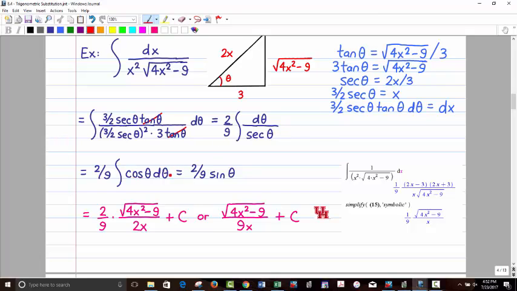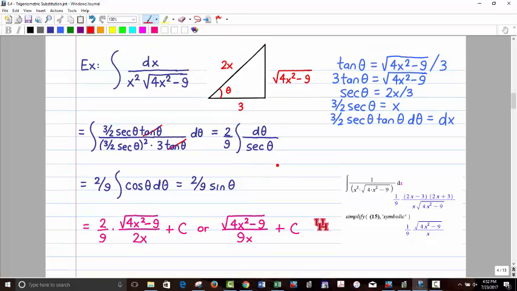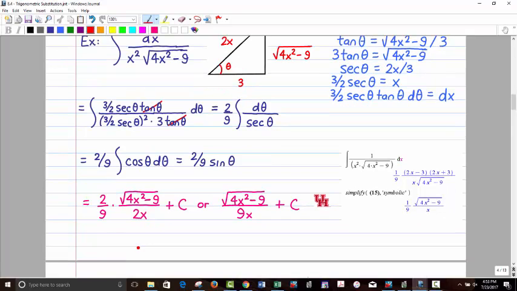The antiderivative of cosine is sine, so we have 2/9 sine of theta. And we go to the triangle to get sine. We don't already have sine here, so we have to get it. Opposite over hypotenuse. So sine is the square root of 4x squared minus 9 over 2x. So we have 2/9 times that, plus c, and that's it.